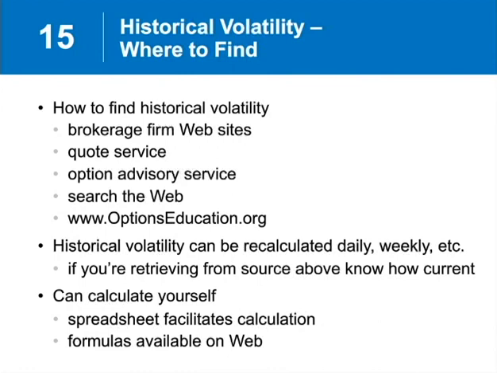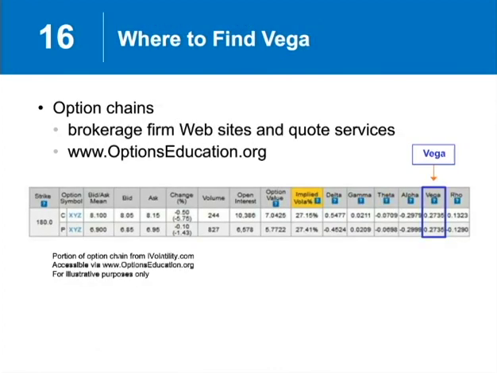And again, that's optionseducation.org. Again, important that you're aware of whether that historic vol is being calculated on a daily or weekly basis. If you're so prone to doing these types of calculations yourself, you can do that as well.